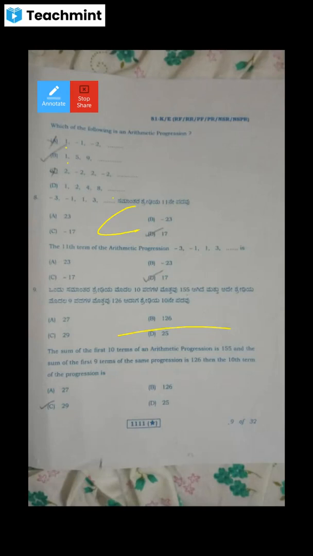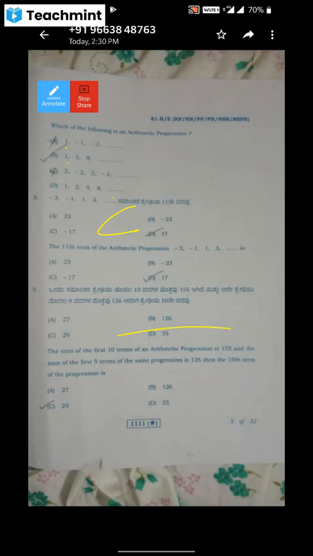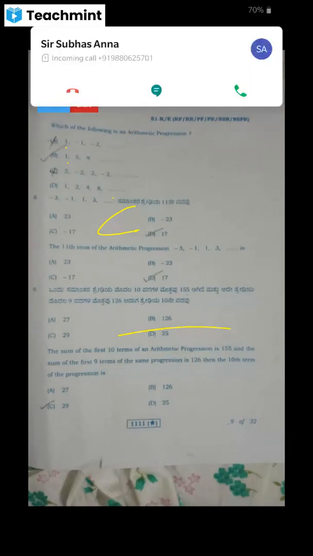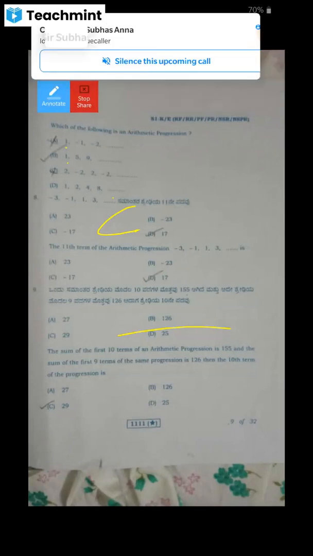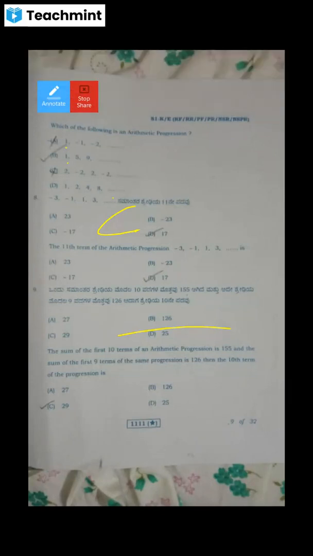So we have one formula I already told you and also gave as a note: an is equal to Sn minus Sn minus 1. So a10 is equal to S10 minus S9. So S10 is 155 minus 126. That is what?